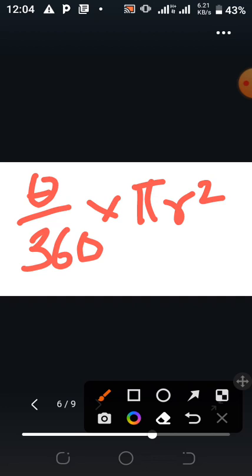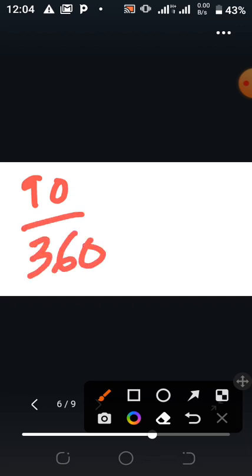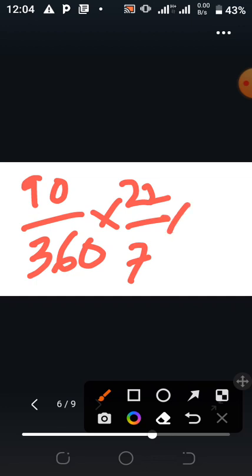It's okay. So what are we going to do? That theta here now is 90 degrees over 360, times pi is 22 over 7, times r squared. Remember the r there is the radius, that's 7.